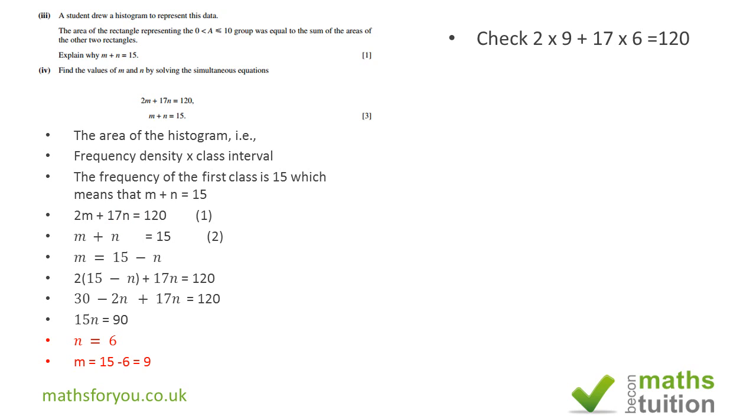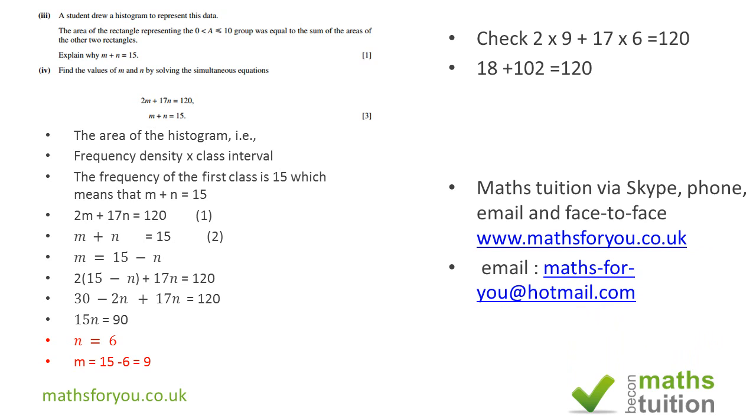So 2 times 9 is 18, plus 17 times 6, which is 102. So we end up with 120. So we're balanced. And I hope all that made some sense to you.